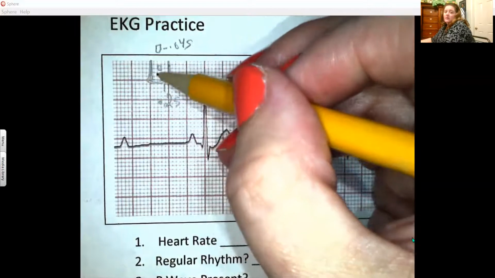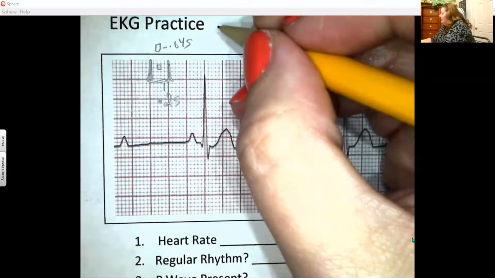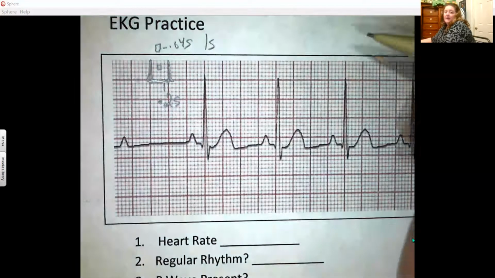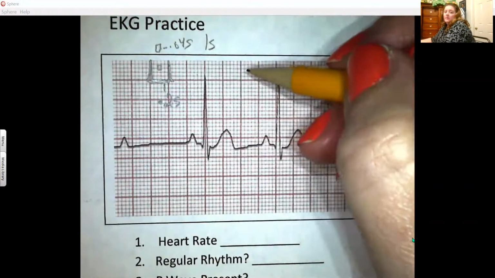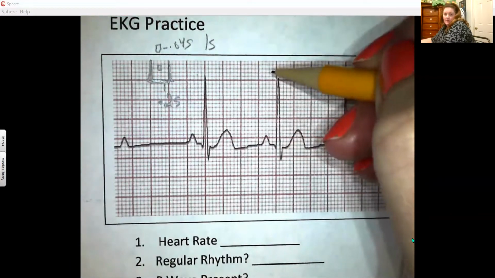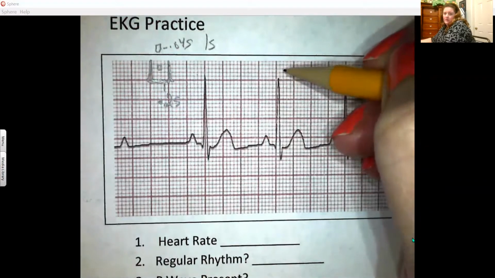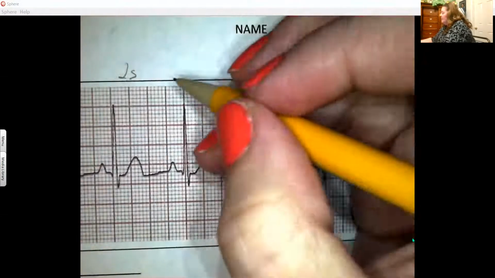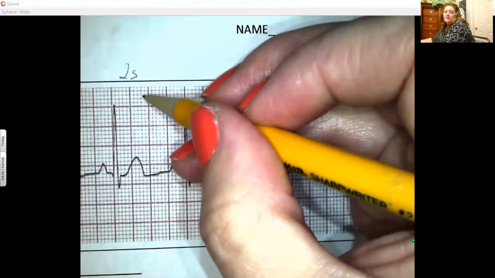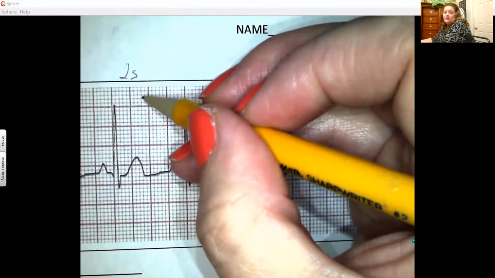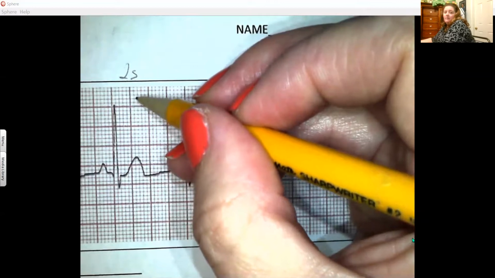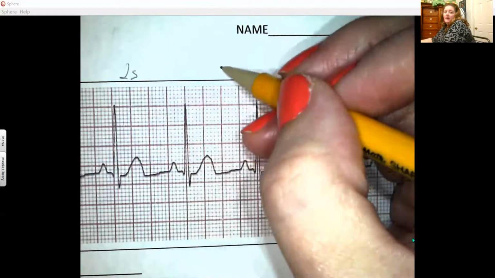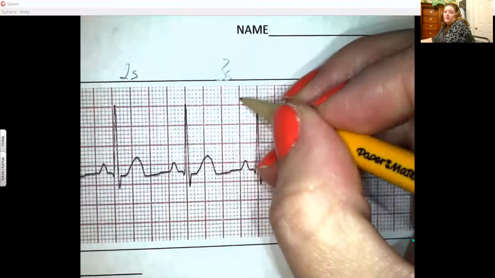So 1, 2, 3, 4, 5, and we have 1 second right about there. And we go 1, 2, 3, 4, 5. 5 here, sorry, you get 2 seconds. And you just continue counting to make sure that you have 6 seconds.